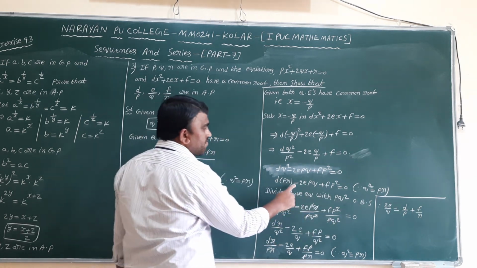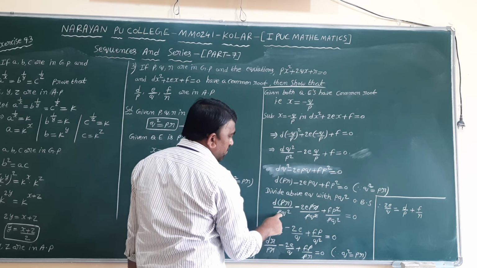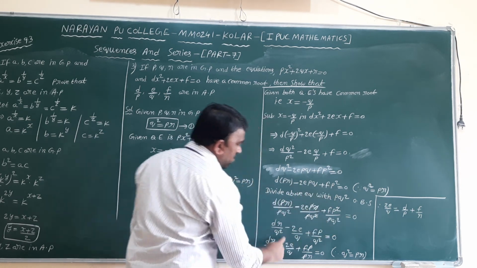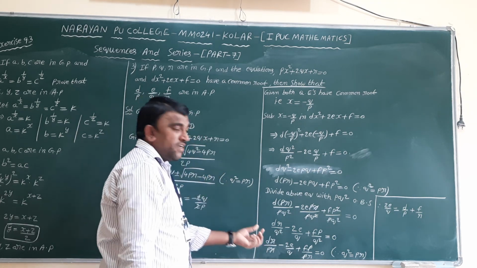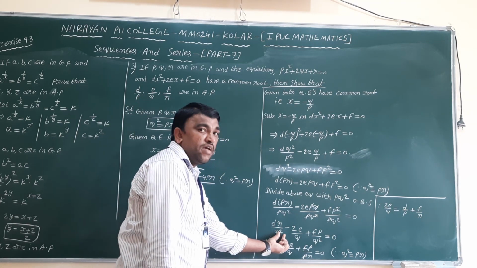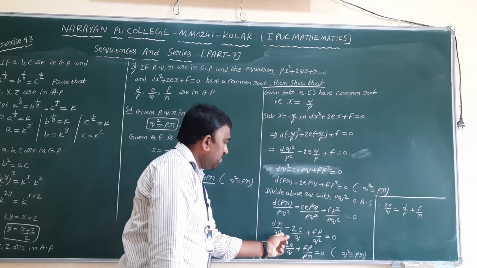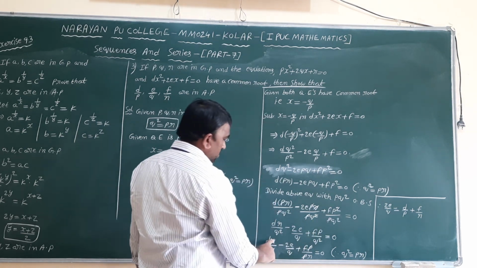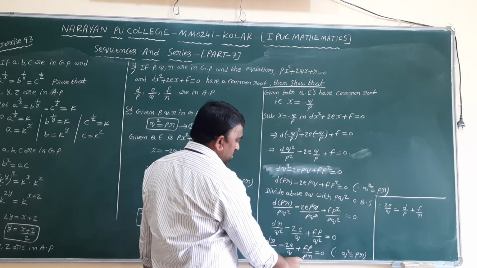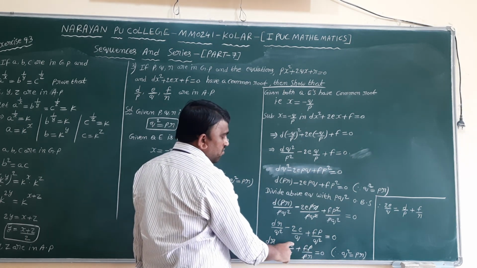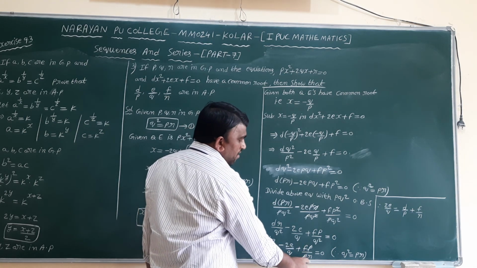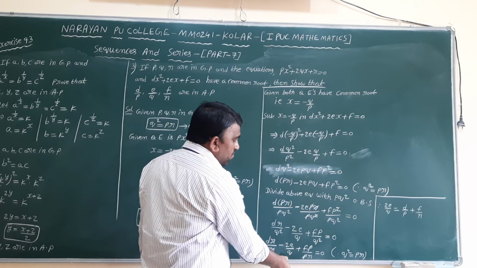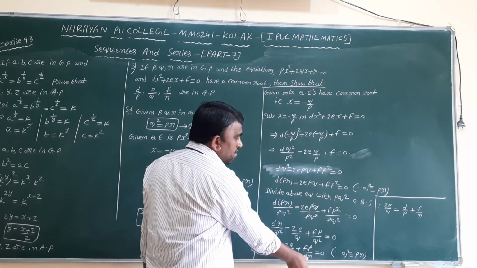Now this term divided by p q square, this one divided by p q square, and this one divided by p q square, we get like this. Again, in terms of q square, write pr. Then r and r cancel, p and p cancel, and we get d by p minus 2e by q plus f by r equal to 0. This minus value goes to the right side: 2e by q equal to d by p plus f by r.